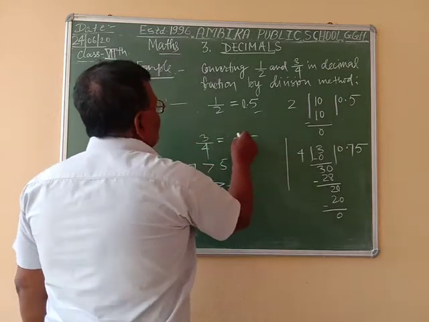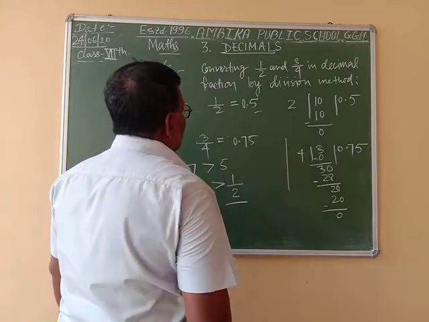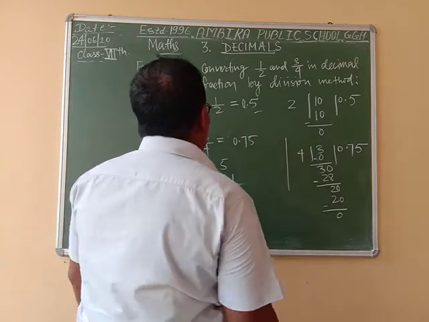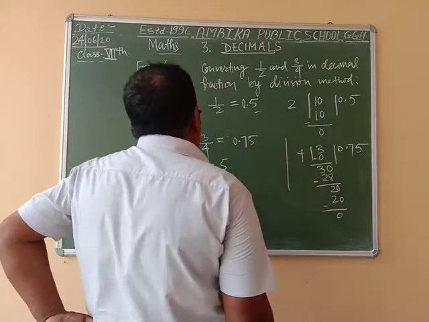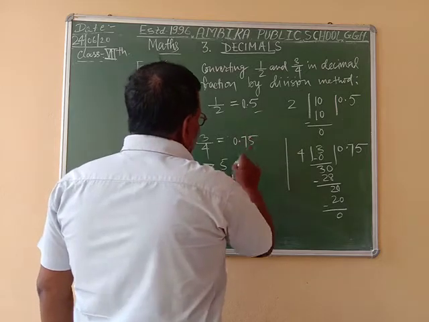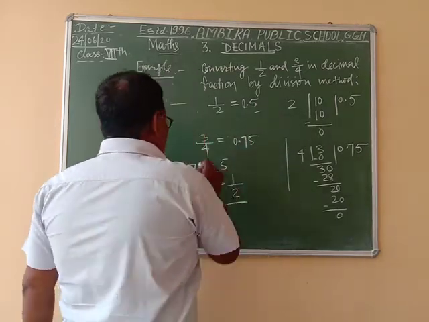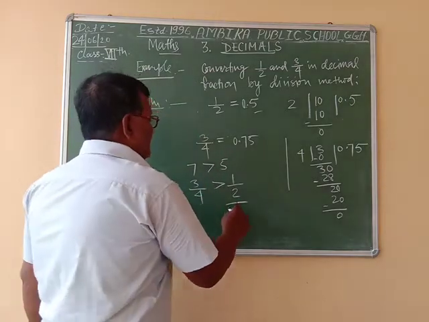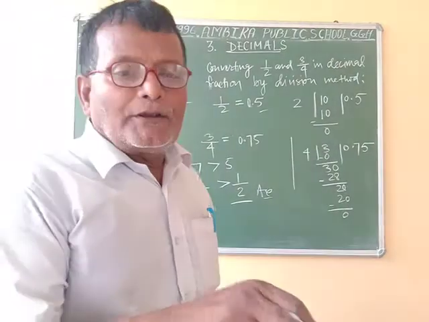And see the integral part of both decimal numbers, and after that see the decimal part. In both decimal fractions we see that 7 is greater than 5, so 3 by 4 is greater than 1 by 2. In this way we can compare.